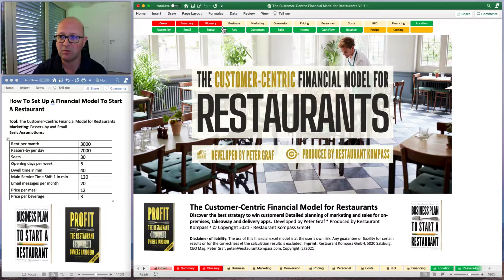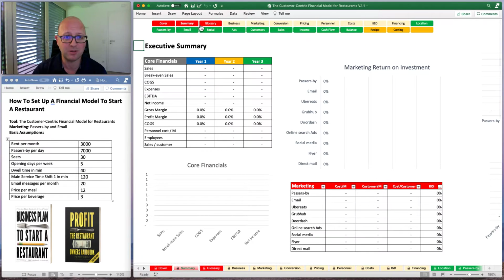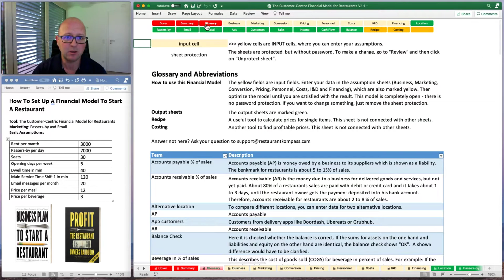I would like to give you a little overview first. This model starts with the cover here, just a nice cover to look at with some basic information. Then this is the summary sheet. The summary sheet shows some core financial data and marketing data. The next one here, the red one, is the glossary.